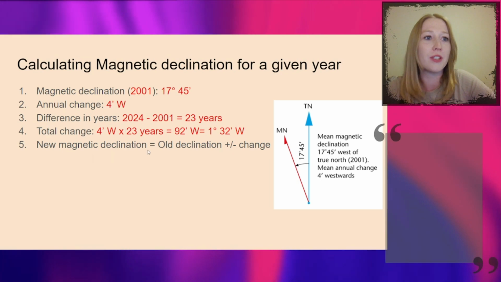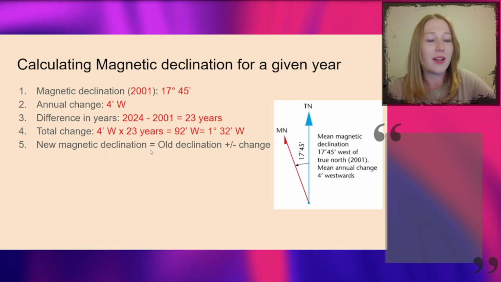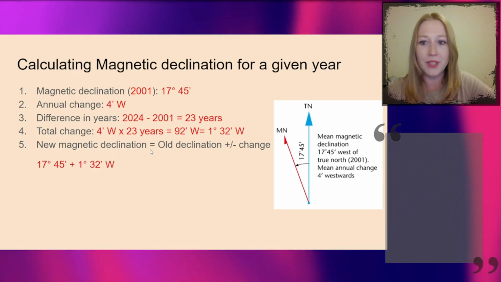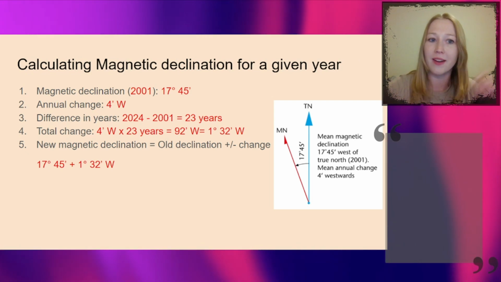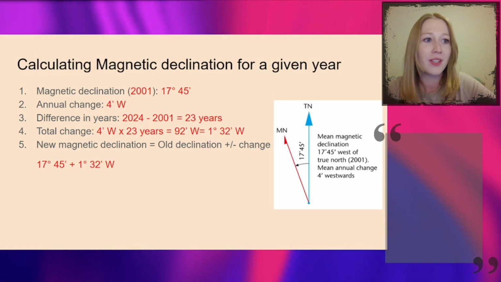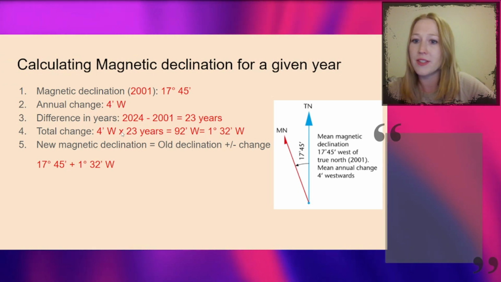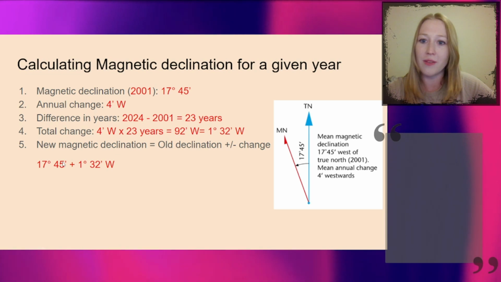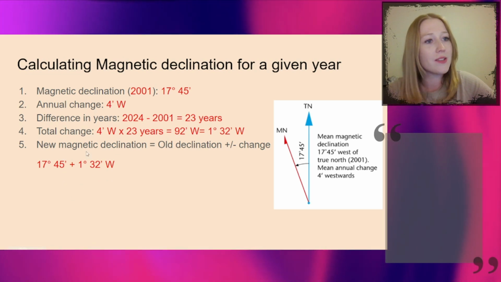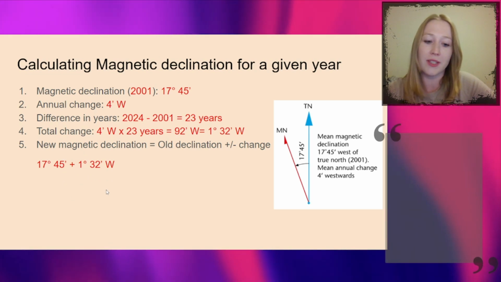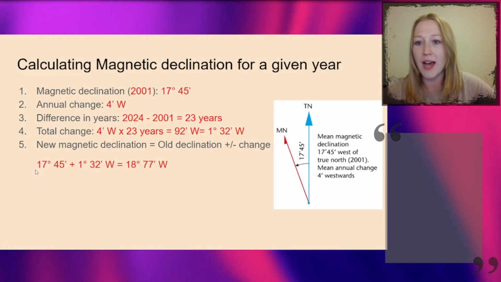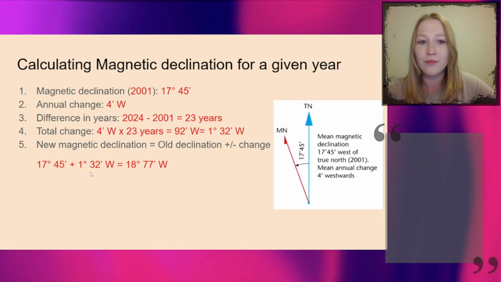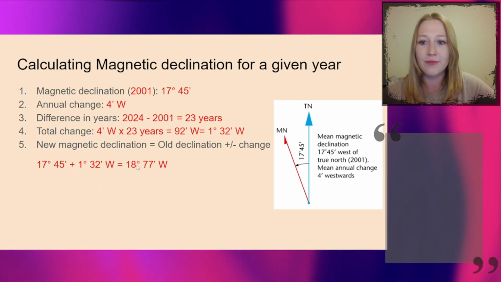Now I put it into the formula. I take my old declination, I add the change, and then I can get the new declination. So I have 17 degrees and 45 minutes plus 1 degree and 32 minutes. So for starters, I just added the 17 and the 1, and I got 18.